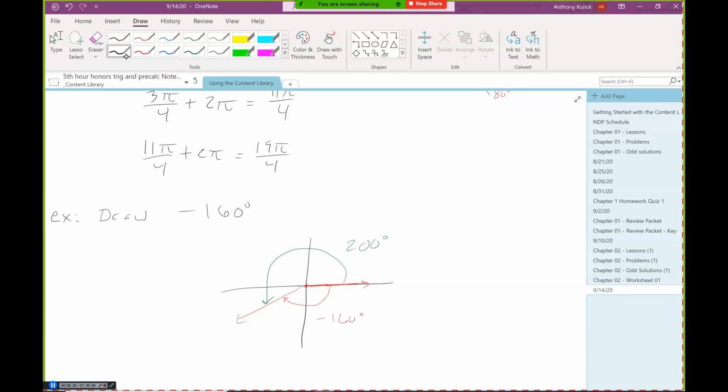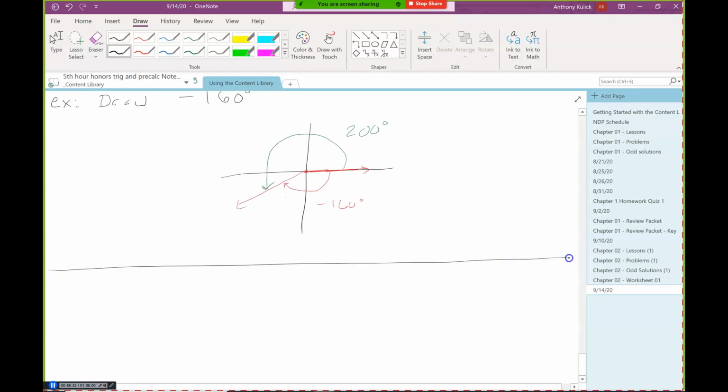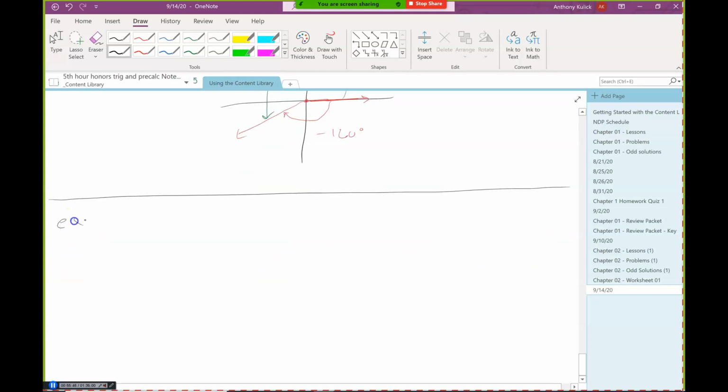So just whatever you have handy in your notes or your tablet, just off to the side, let's give you a minute to draw these two angles, and then I'll go through and draw them afterwards and talk through what we're doing.